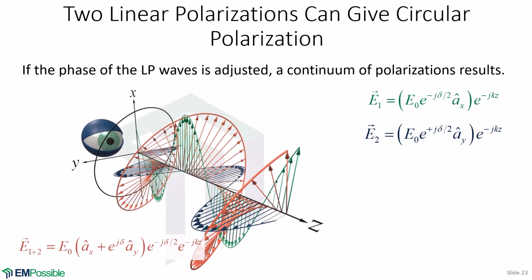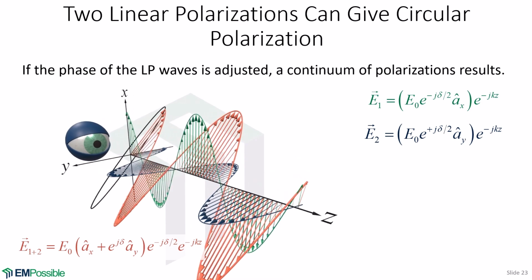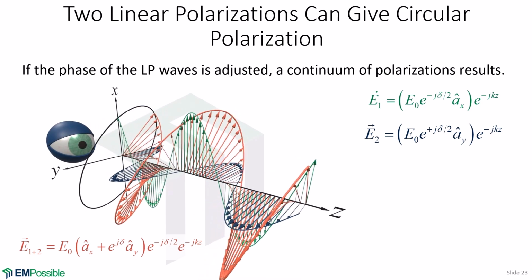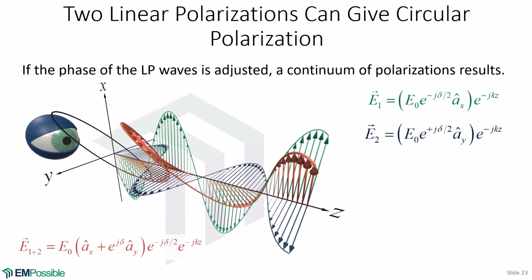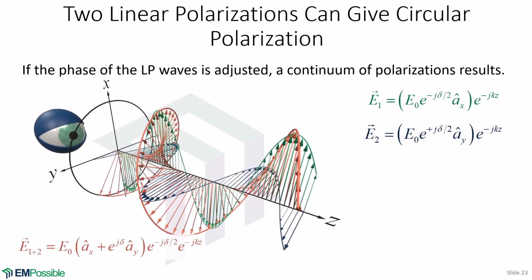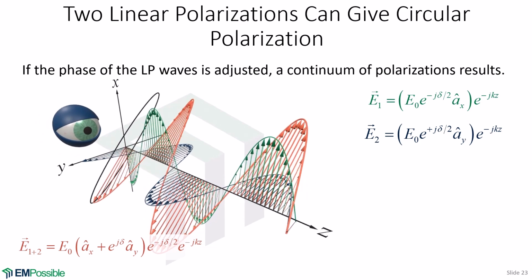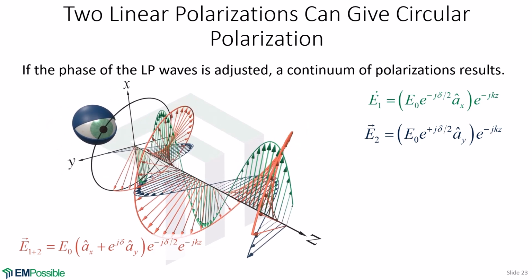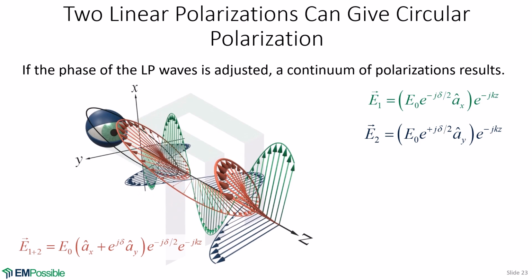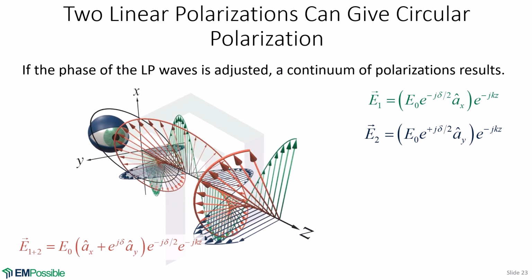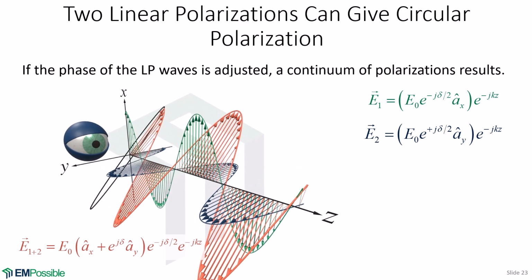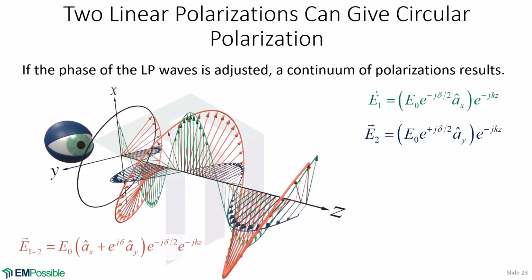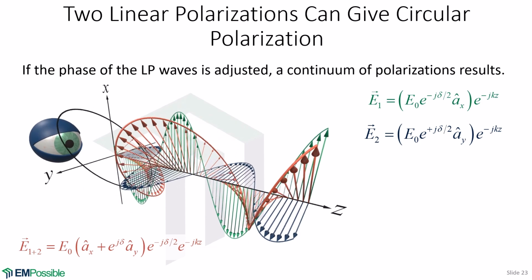And what we can see is that composite polarization. If we just looked at the sum and pretended it was just one wave, it goes through the full continuum of going through linear, through elliptical to circular, elliptical to linear, and all the way through these things. I think that's very interesting, but it illustrates that from two linear polarizations, we can convert that to any other kind of polarization just by delaying one relative to the other.